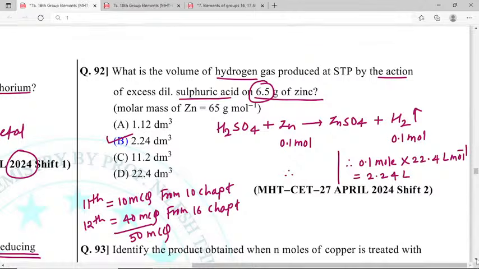From 11th, one question from one chapter, and from 12th nearly 2 or 3. Some chapters carry 2 MCQs, some carry 3 MCQs. So there is higher weightage for 12th as compared to 11th. If you complete 12th 100%, then move toward 11th. And 11th is very fast: one day one chapter, done in 8 or 10 days.